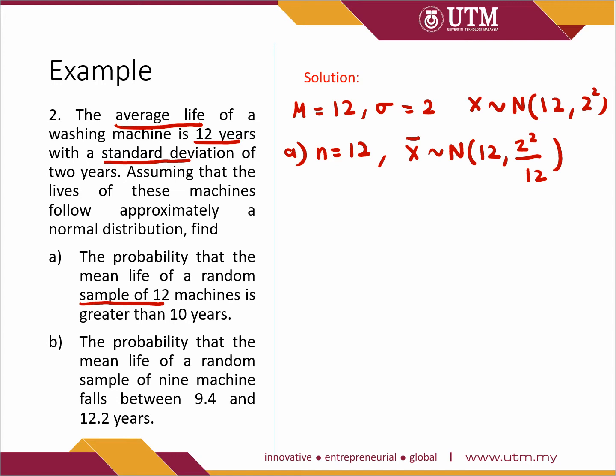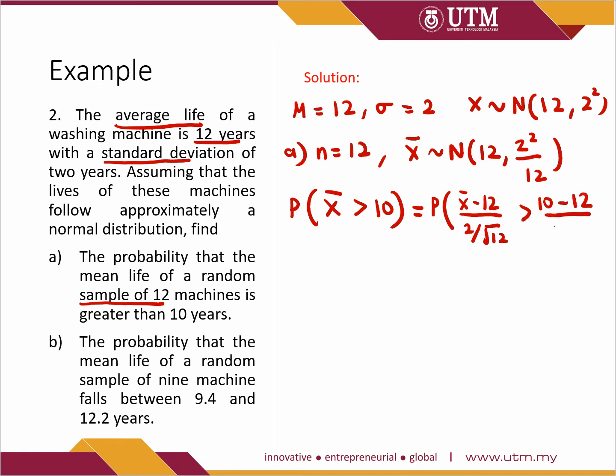So now we want to find the probability that the mean x bar is greater than 10 years. So using the standard normal distribution, this would be x bar minus 12 over 2 over square root of 12 greater than 10 minus 12 over 2 over square root of 12, which is equal to z greater than negative 3.46.